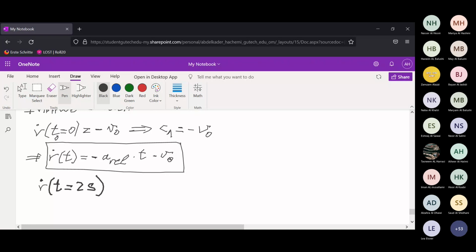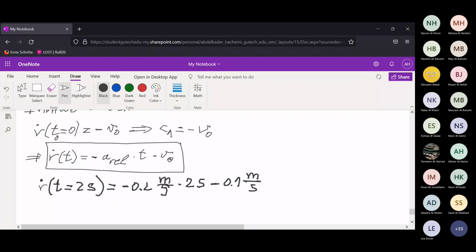In this case, we get the value of minus 0.2 meter per second square multiplied by 2 seconds minus 0.1 meter per second.